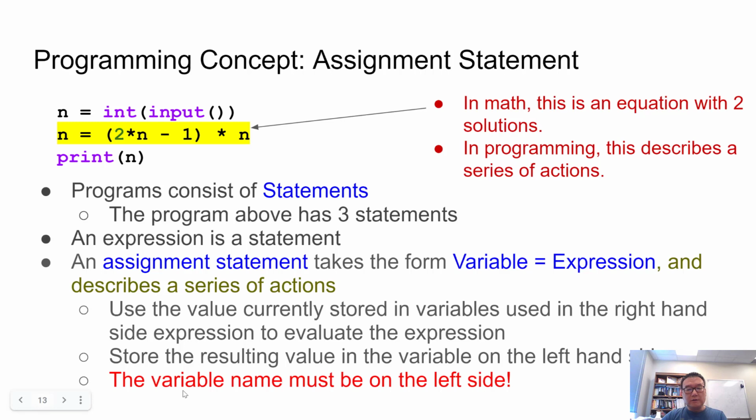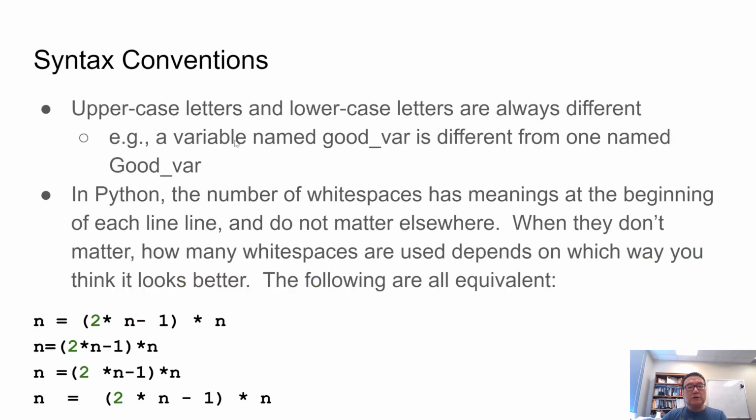We're going to see this soon. I want to emphasize that the variable name must be on the left side. Because this is not equality, left and right actually matter. So m equals n versus n equals m are two very different assignment statements. Another thing about syntactic convention is that whether a letter is uppercase or lowercase matters.